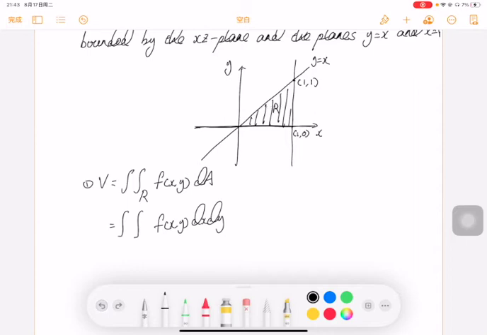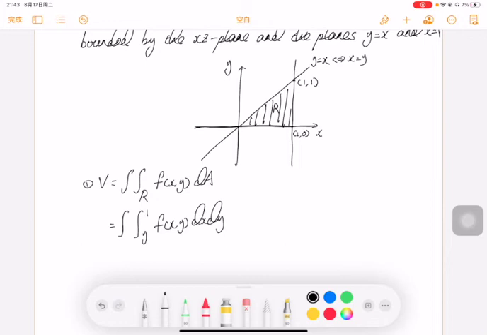Here's the dotted line. Now, y equals x, of course, is equivalent to x equals y. We're simply interchanging the two sides of the equality. So it means the inner integral has boundaries y and 1.